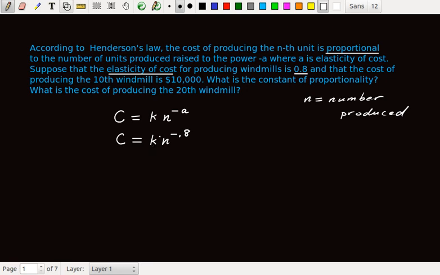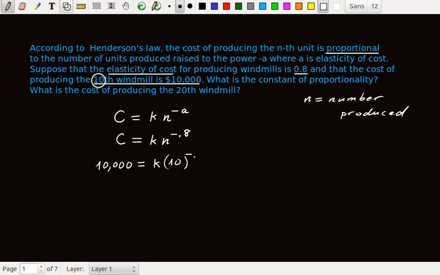Now we'd like to find the actual K. And how do we do this? We use the other information given. We're told that the cost of producing the 10th windmill is $10,000. So that means for cost, we can substitute 10,000 if we choose N to be 10. That's the 10th windmill. The number of windmills is 10.